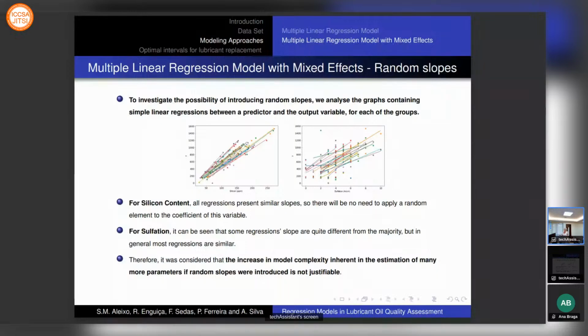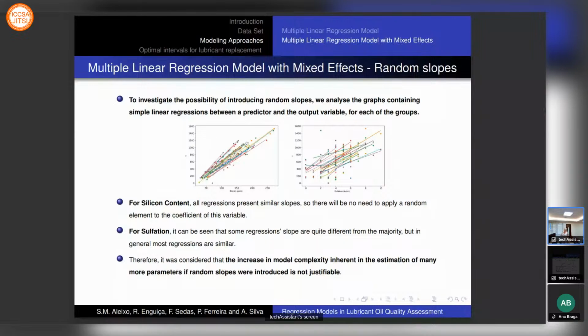On the right, for sulfatation, some regressions are quite different from the majority, but in general most regressions are similar, so we consider that the complexity we would introduce is not justifiable, so we don't introduce random slopes.